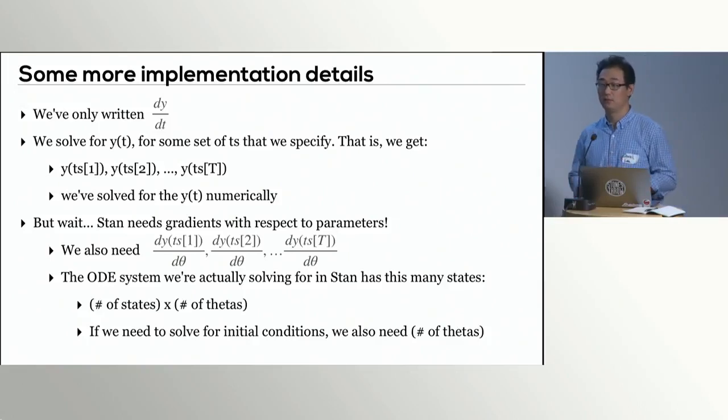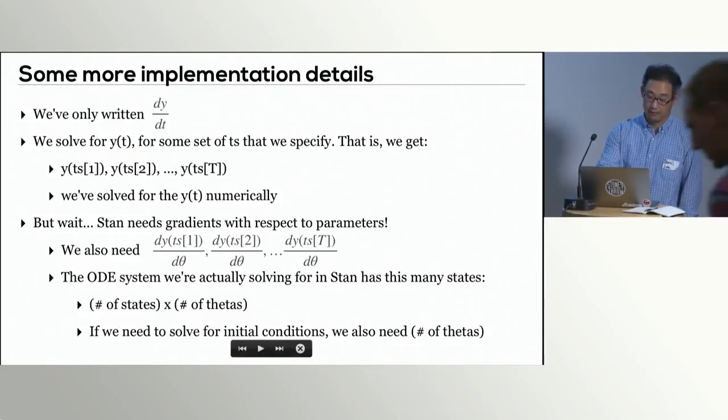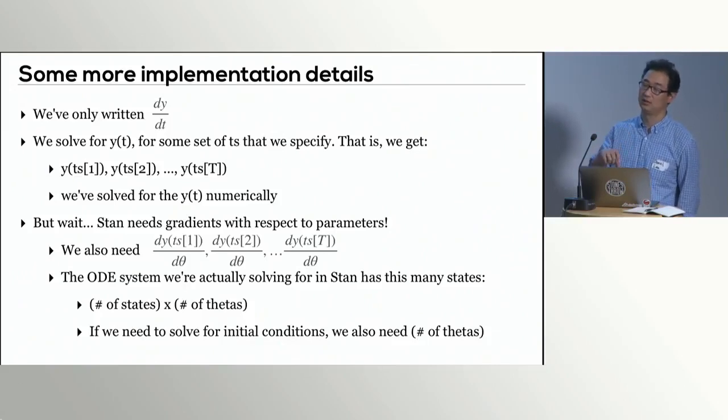So the complexity of this ODE system depends on the number of states you're solving for times the number of parameters you have in theta. If we also need to solve for the initial conditions, we also need to account for the number of thetas, so we need the dy0 d theta for everything. Any questions?